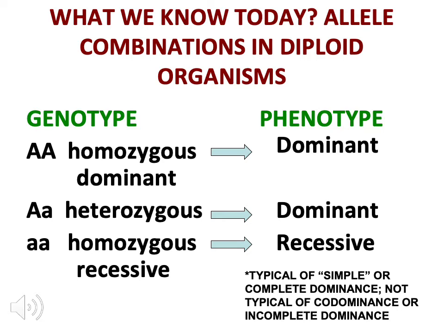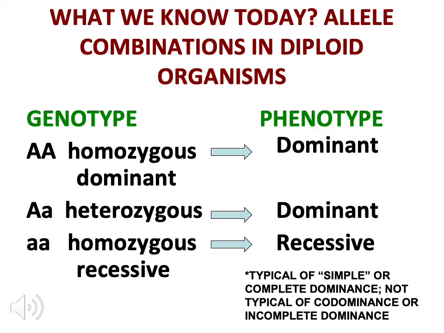So big A, homozygous means two of the same in the zygote, and two of the same dominant alleles. If you have two recessives, little a, then you are said to be homozygous recessive. If you have one of each, they're different, so we're going to say that's the heterozygous genotype.